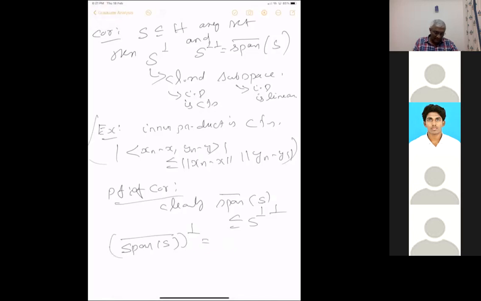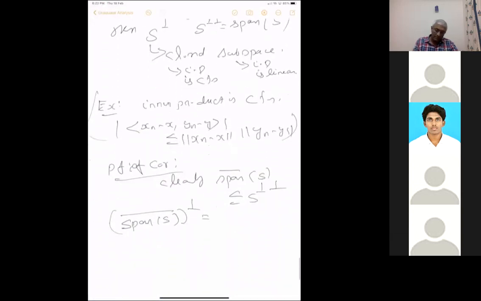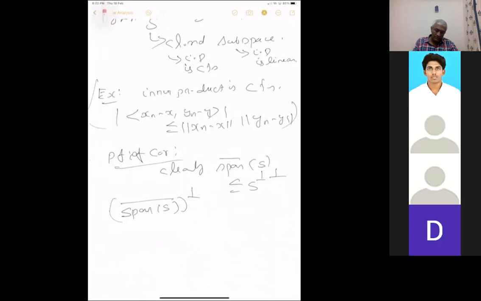See, when you take perp, the inclusion will be reversed. What do you have to show?